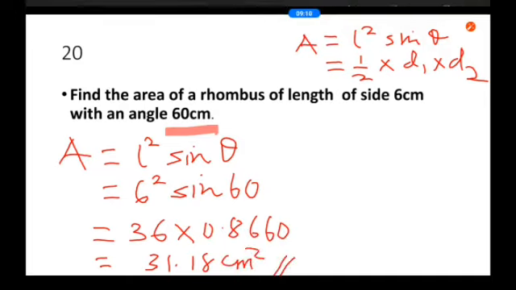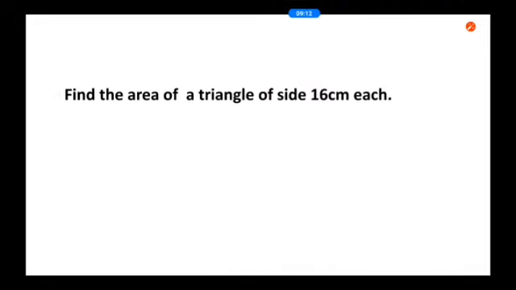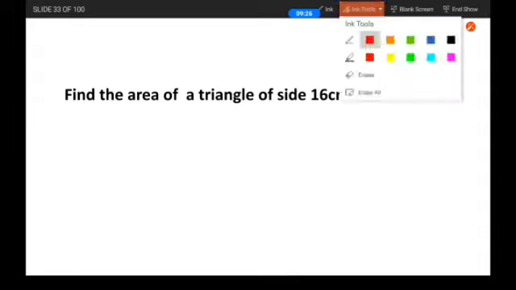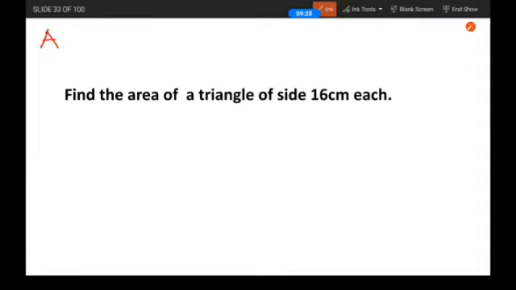Okay, the next question. Find the area of a triangle. Like I said also, triangle has more than 2 ways by which we can find its area. One of them is half base times height, right? Then another one is when you are given 2 sides with included angle. We are going to be having A equals half the two sides, then sine theta.